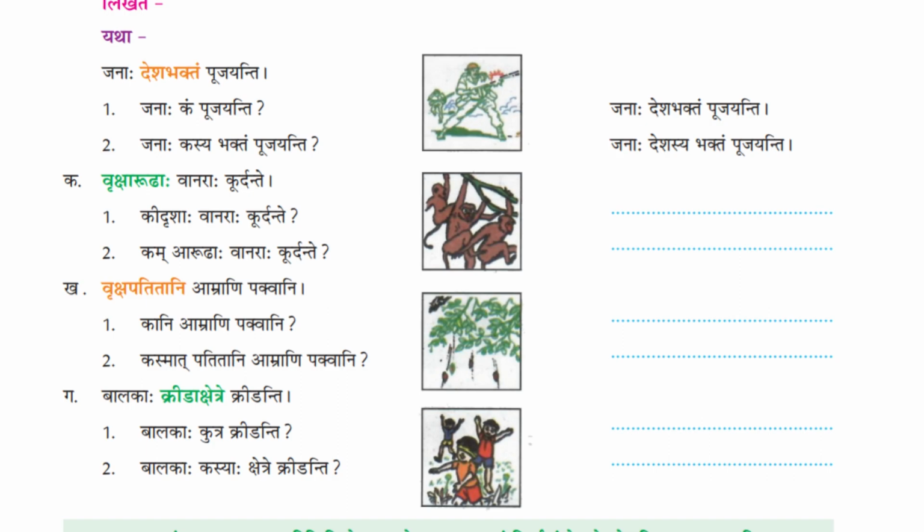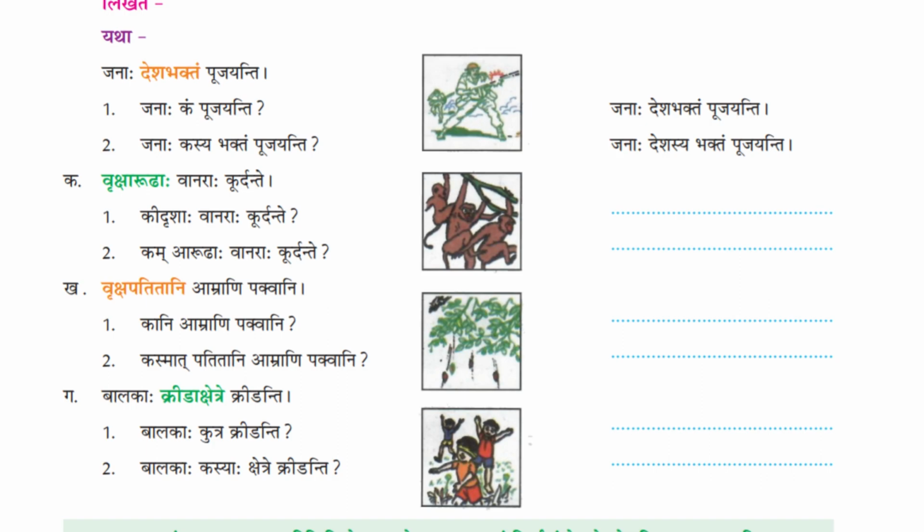So here desha bhaktam comes as the object in the sentence, and that is again divided into two parts, desh and bhakt, and the first word has a vibhakti, deshasya bhaktam, because the word meaning of desha bhaktam is deshasya bhaktam, the devotee of the country.